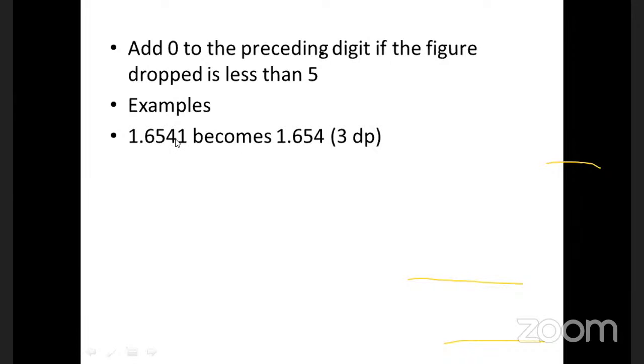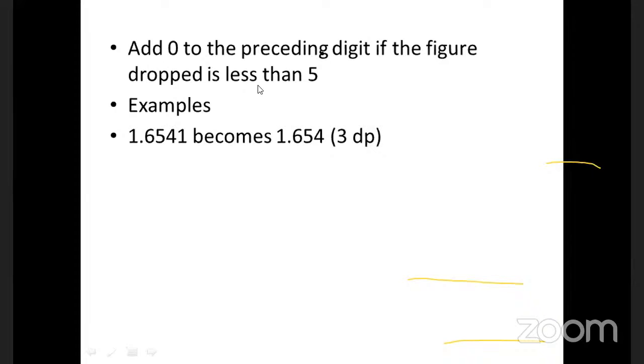It is a 4. Good. So when we begin counting from where the decimal place is, 6 becomes the first one, 5 the second one, 4 the third one. So 4 becomes our preceding digit. And the figure to be dropped is now 1.